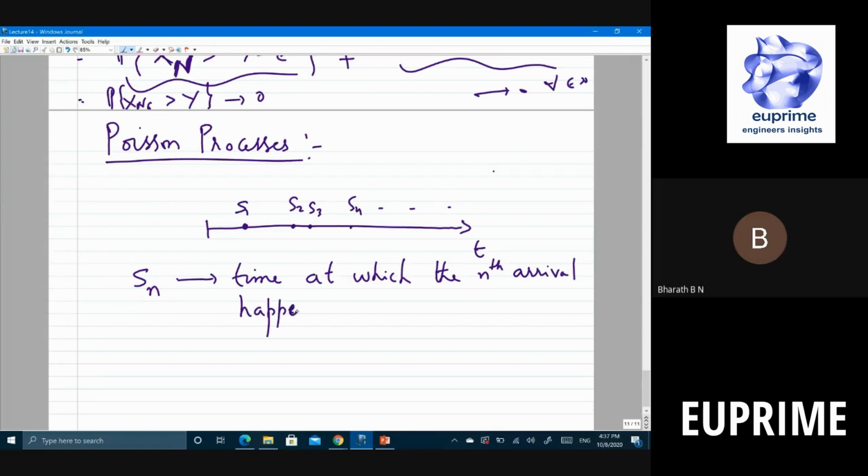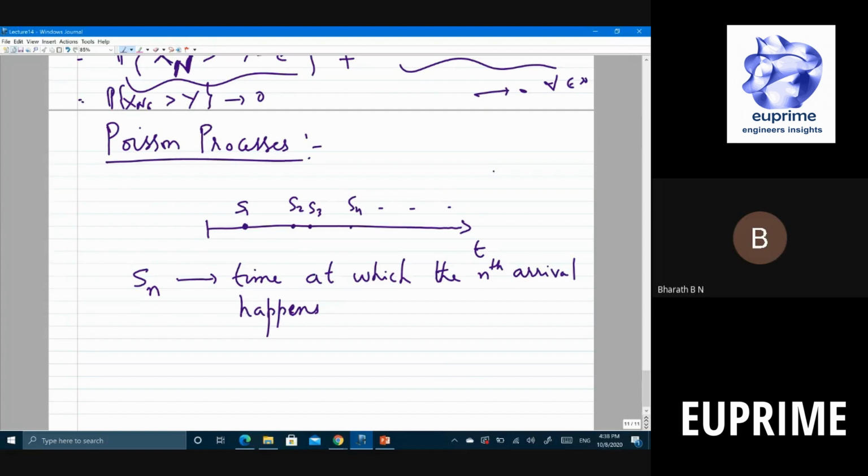If you are looking at a queue, it's the time at which the nth person arrives at the queue or at the counter. Or if you are looking at packets, it's the time at which the nth packet arrives at your Wi-Fi router. Or you can also think of it as departures: the time at which the nth person leaves the counter. It doesn't matter, you can look at it either way.